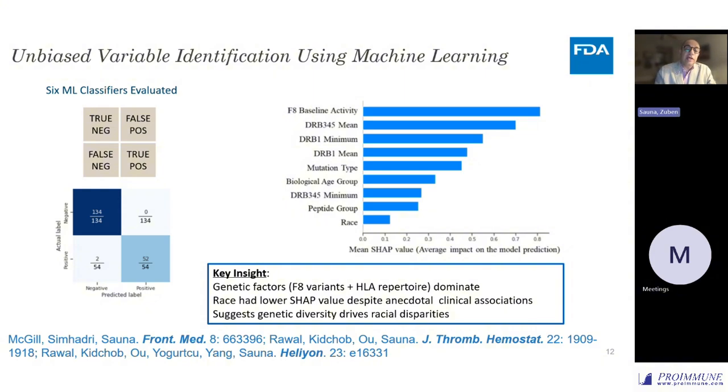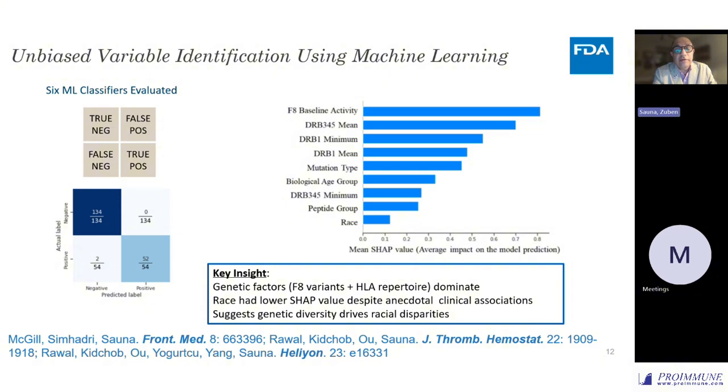And here you can see that genetic factors such as factor VIII variants and HLA repertoire dominate as the predominant factors that are good predictors for immunogenicity to the factor VIII protein, which is used to treat hemophilia A. Interestingly, race, which is anecdotally associated with clinical incidences of immunogenicity, ranks pretty low.